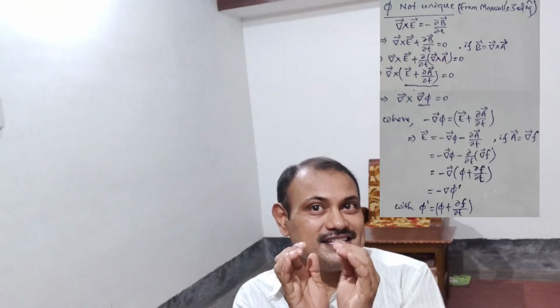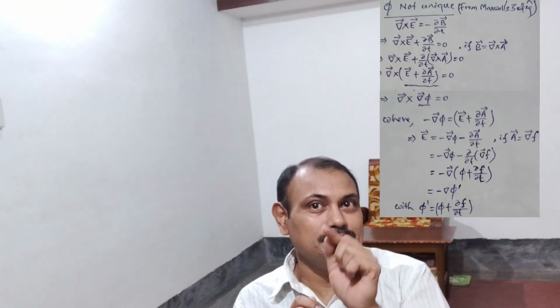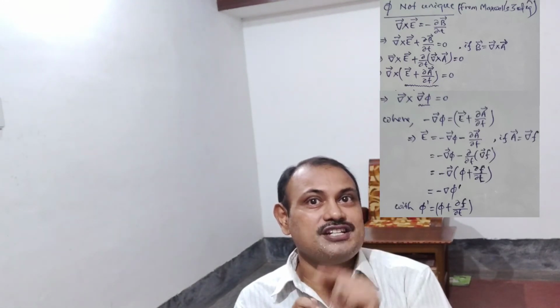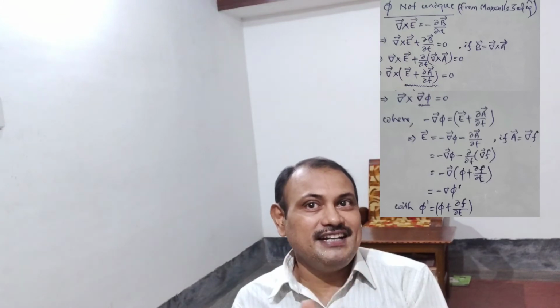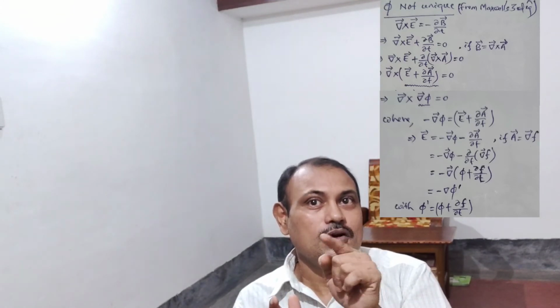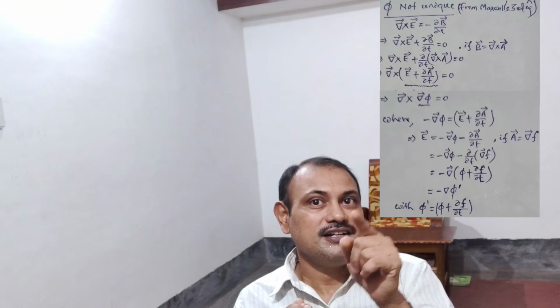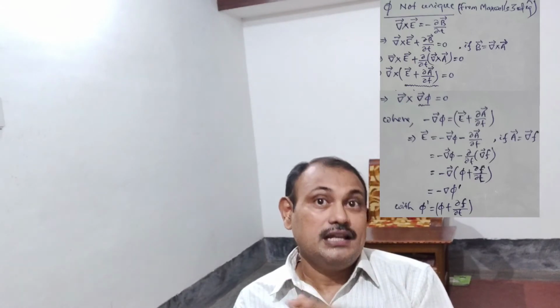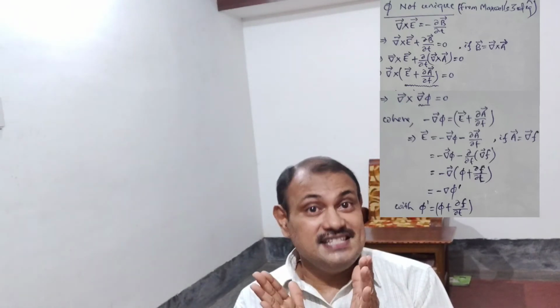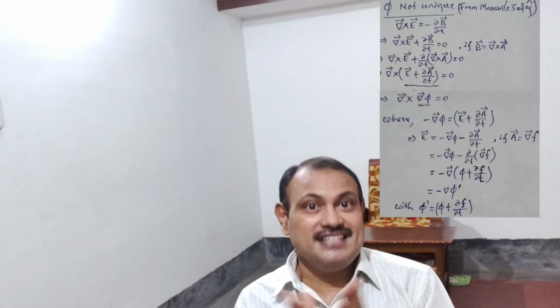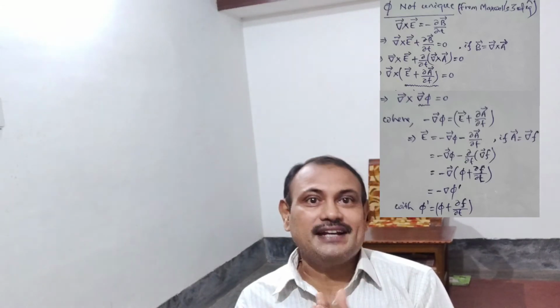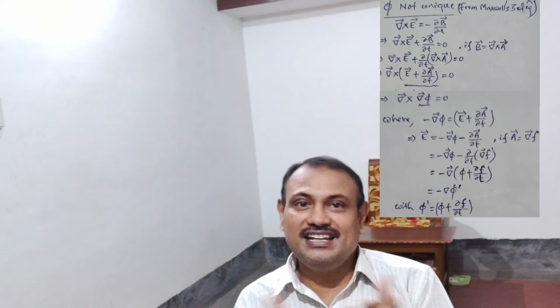Now if you rearrange this, minus grad phi equal to E vector plus del A by del T, you can write E vector as equal to minus grad phi minus del by del T of A vector. Now, what is A? A is the magnetic vector potential, and we have seen it is non-unique in nature.